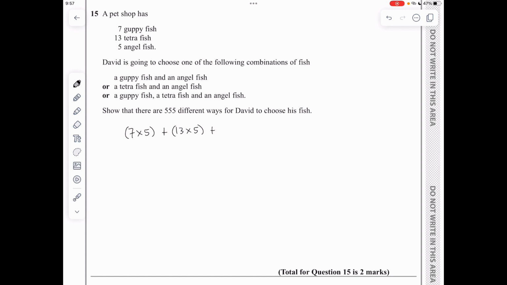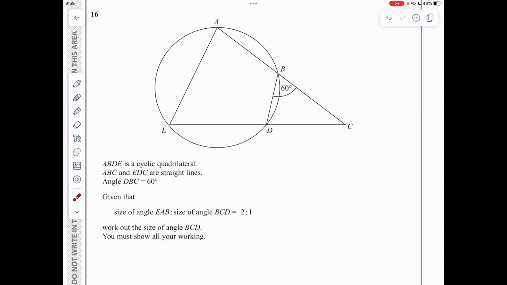And then finally the guppy, tetra, and angel is gonna be 7 times 13 times 5. When we do the calculations, we get 35 plus 65 plus 455, which gives a total of 555 ways as required.